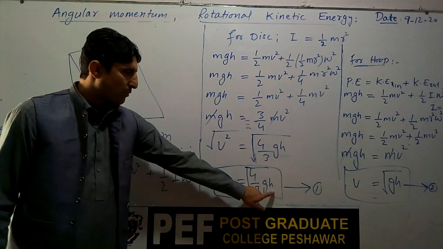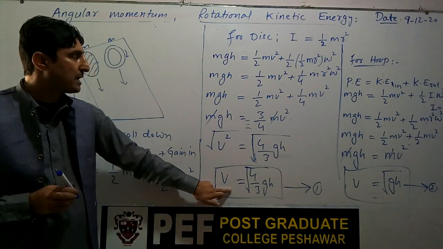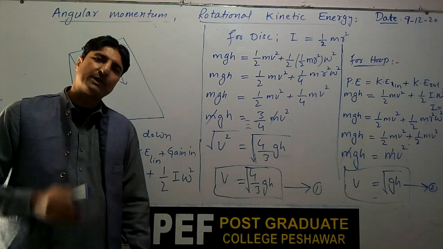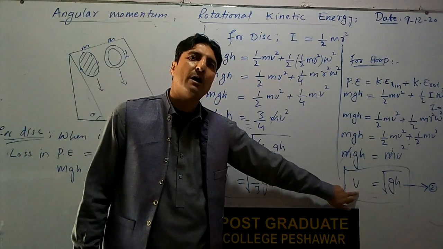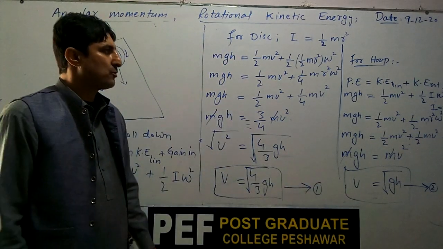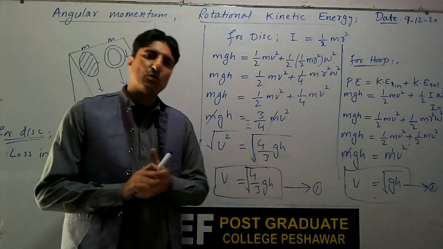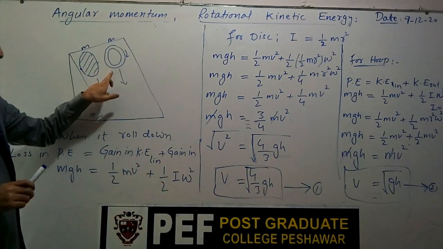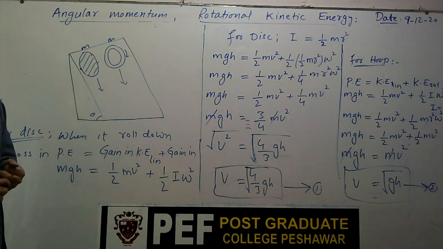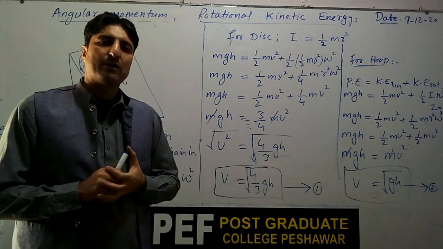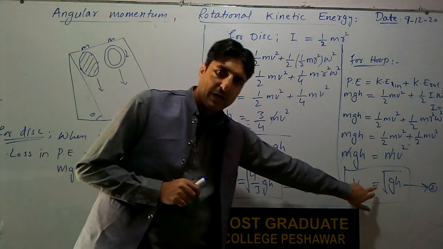Now from equation 1 and equation 2. In equation 1, this is the expression for velocity of solid disk when it rolls down an inclined plane, and equation 2 represents the velocity of a hoop, which is a hollow cylinder, when it rolls down an inclined plane. In both the equations there is no mass, so velocity of this disk and hoop is independent of their masses. Now from these two equations we conclude that the velocity for disk is greater than the velocity for hoop.